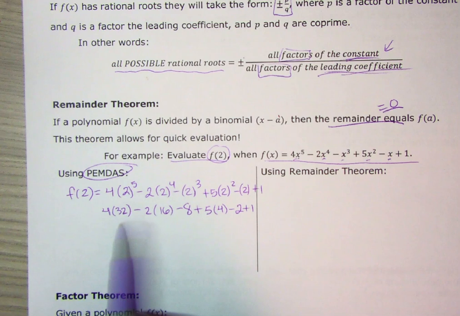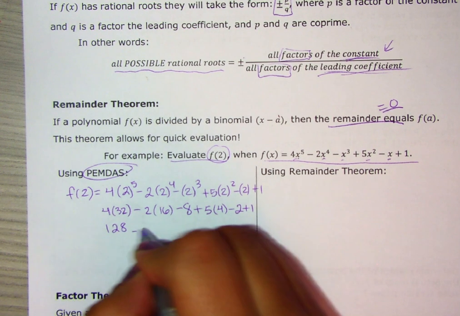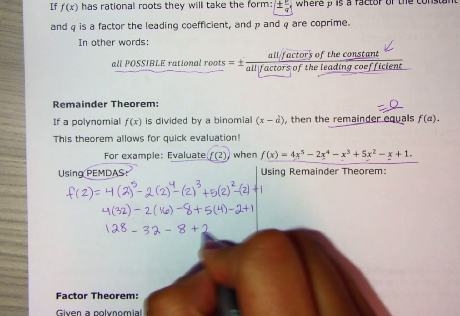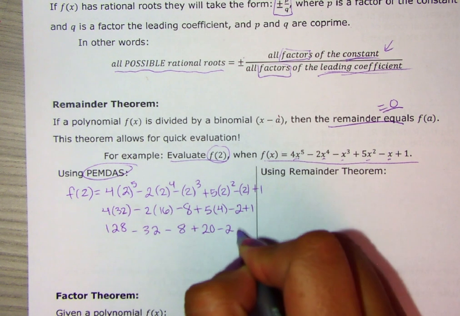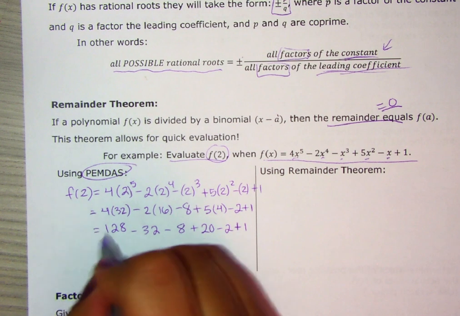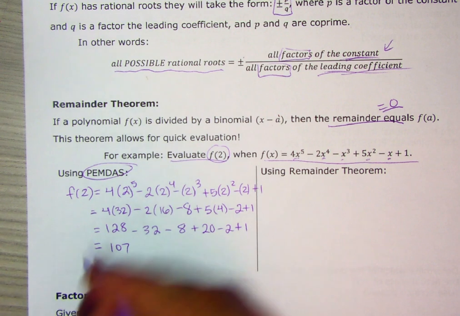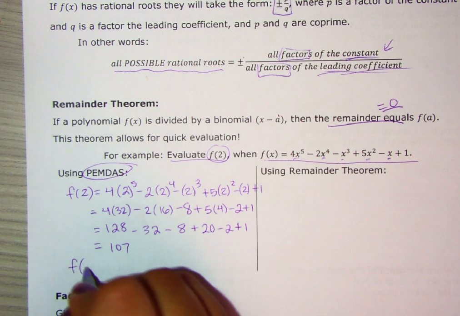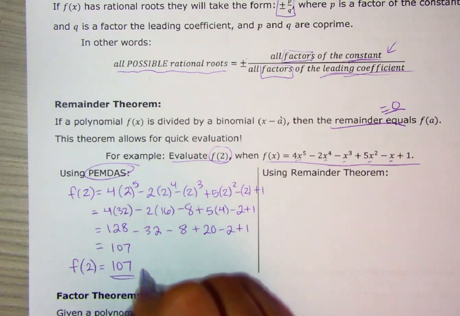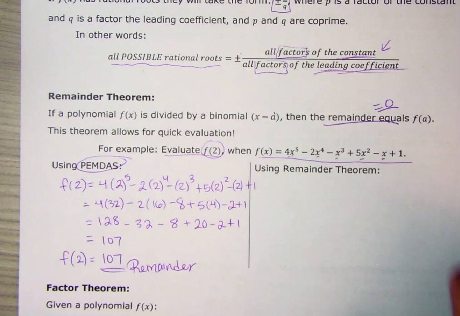And then after that we multiply, so we get 128 minus 32 minus 8 plus 20 minus 2 plus 1. And if we add and subtract all these together, we get 107. So that means the function, when x is 2, gives 107, with 107 being your remainder.